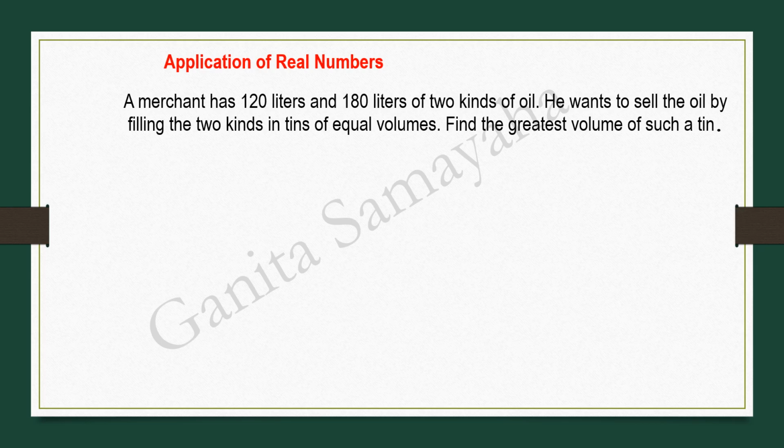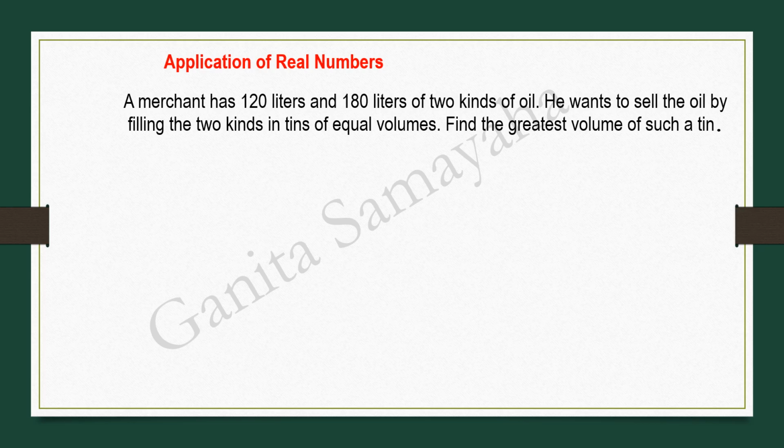What does that mean? He has to divide these 120 liters into a number of cans with certain volume, and 180 also he wants to pack in the same cans. He doesn't want to have for oil A a different can of different volume, and for oil B he doesn't want that. He wants to have cans of equal volumes for both the kinds of oil and pack them. That is the meaning of this. That means 120 has to be divided into equal amounts. 180 also has to be divided into the same equal amounts.